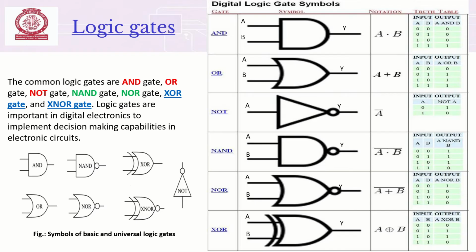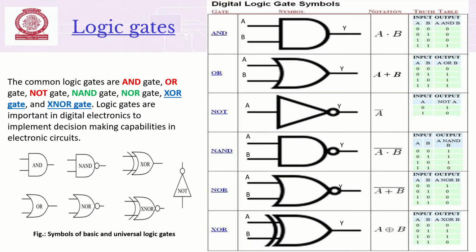So our next topic is logic gates. In digital electronics, logic gates play a very important role. So what are they? Logic gates are the building blocks of any digital system. A logic gate is an electronic circuit having one or more inputs and only one output.